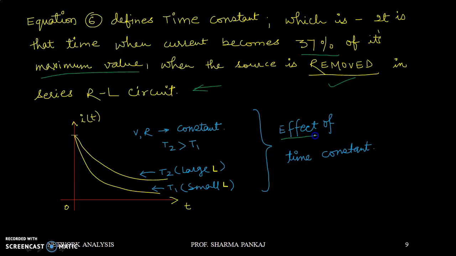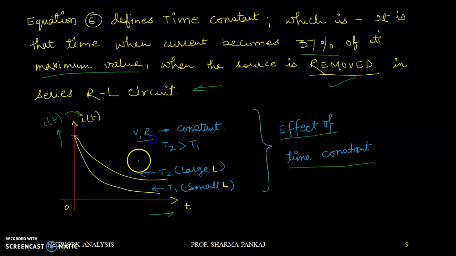Let us see the effect of time constant on time response curve. This is your time response curve. On the x-axis we have taken time and on the y-axis we have taken I of t. This is 0.